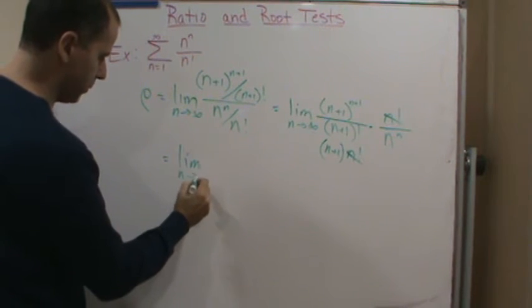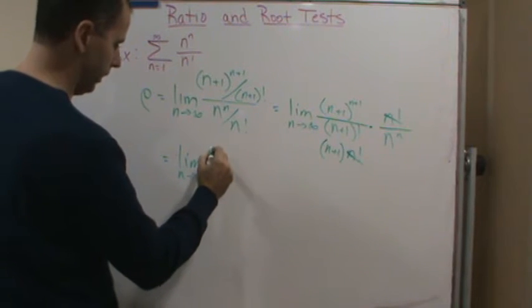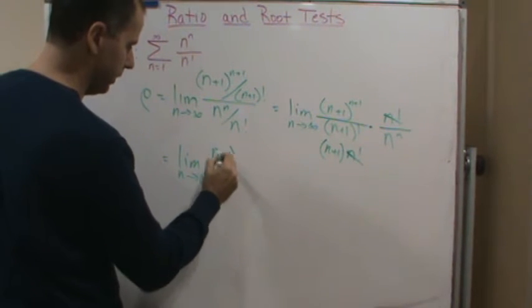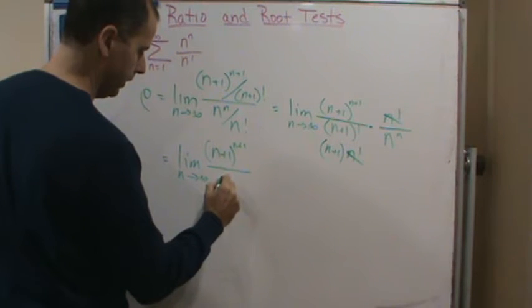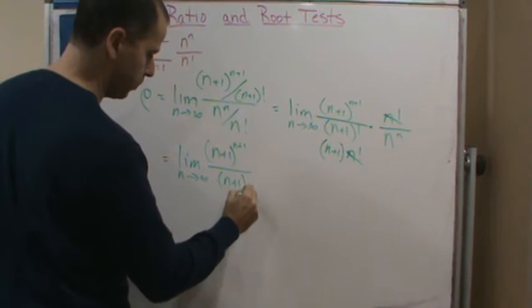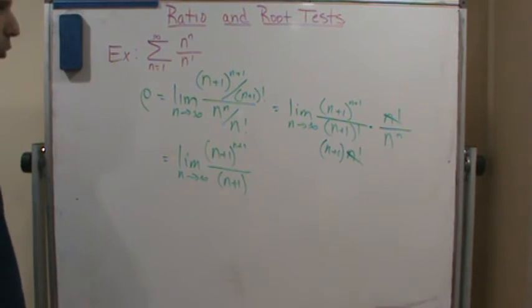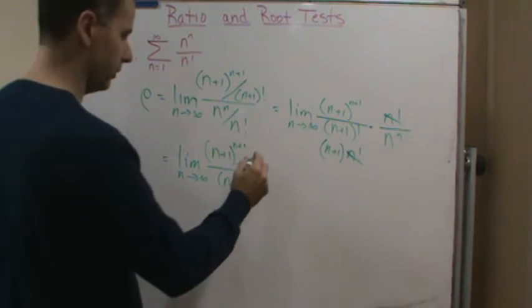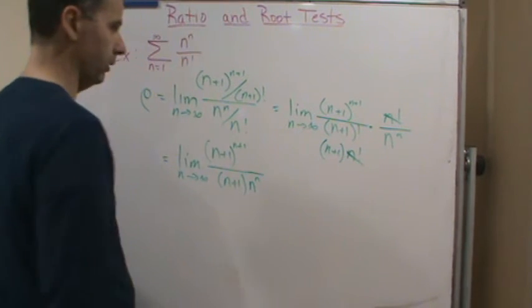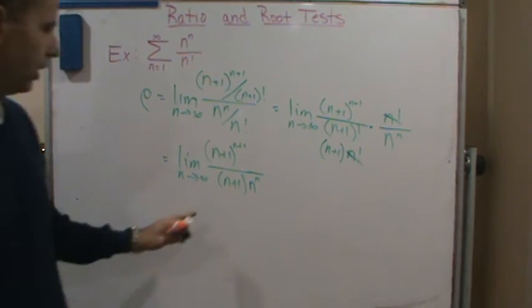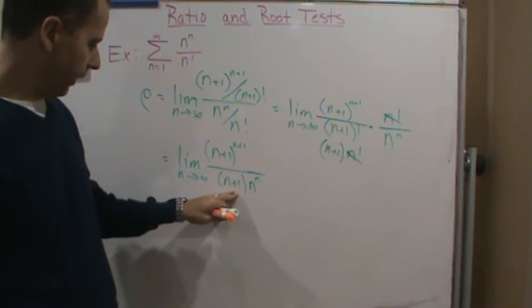Limit as n approaches infinity of n plus 1 to the n plus 1 over n plus 1. Now, interestingly enough, one last thing, we got n to the nth power. Don't want to forget that. But now look what I got at the bottom here. I got an n plus 1.